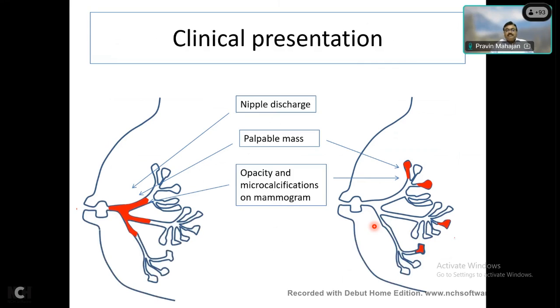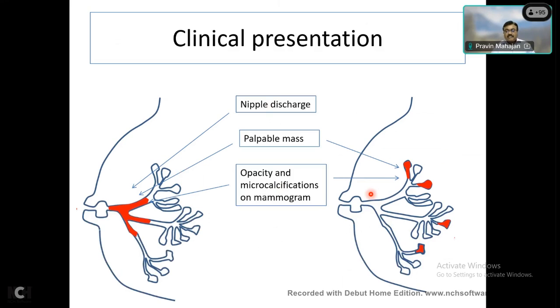Because of their locations, you can have a different clinical presentation for centrally located lesions and peripherally located lesions. Most often, the centrally located lesions, which are in the large lactiferous ducts just below the nipple, present with nipple discharge, and in this case, when there is a papillary lesion, the nipple discharge can be bloody, or sometimes pink.